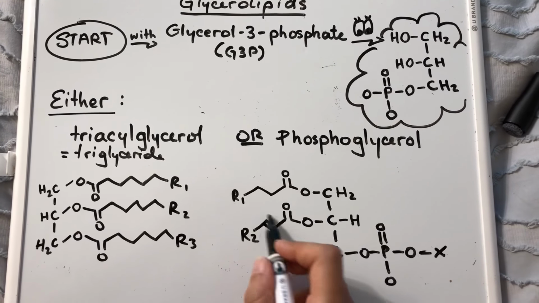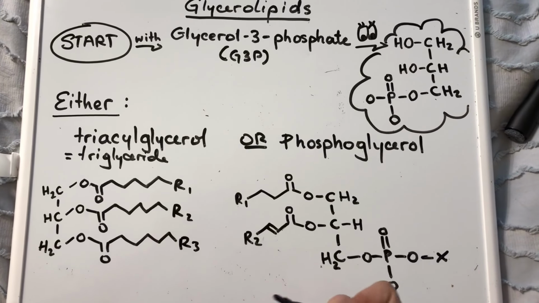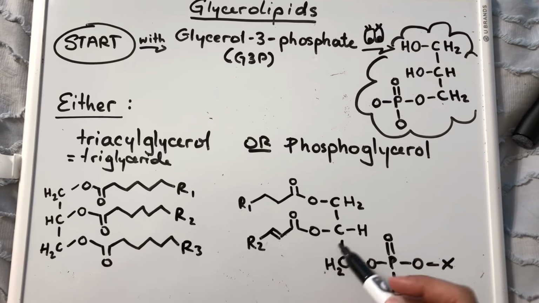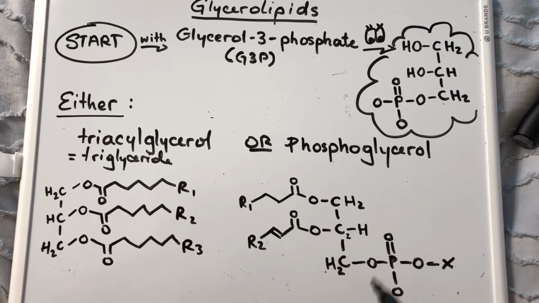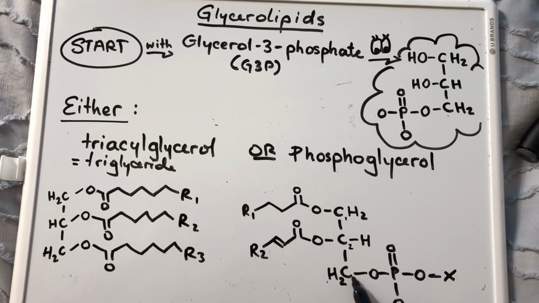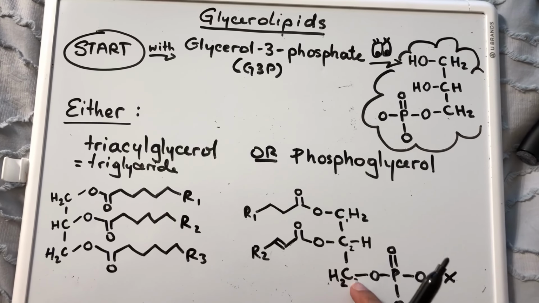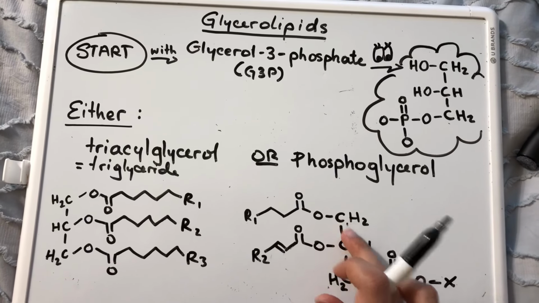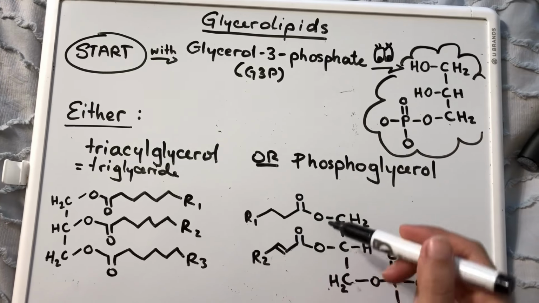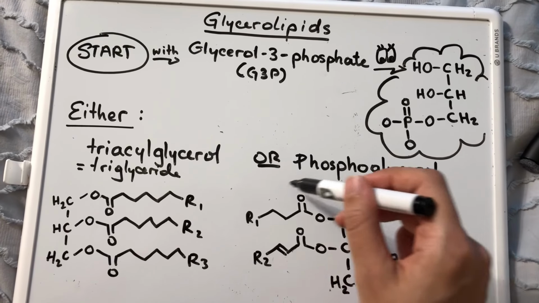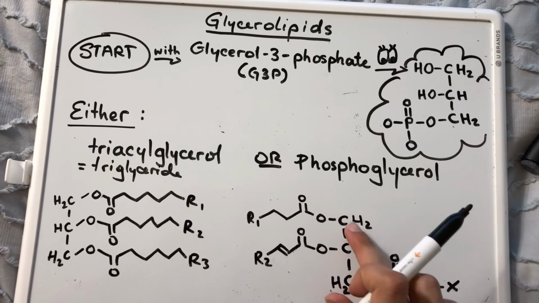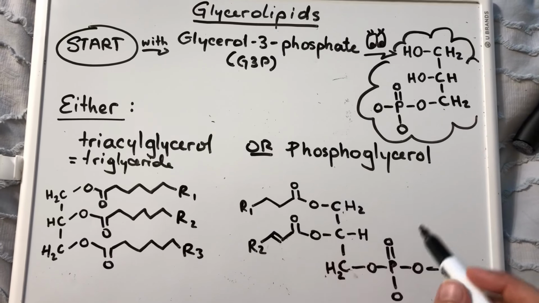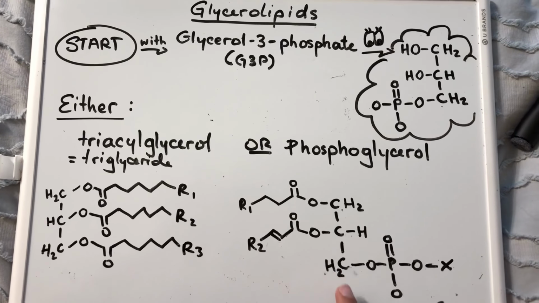That's why I drew this double bond here. It doesn't necessarily have to be there, but the unsaturated fatty acid goes to carbon 2. But I don't want to get you confused with the actual structure. And the saturated fatty acid chain goes on carbon number 1. So that's one type of phosphoglycerol. This is called a phosphatidate.